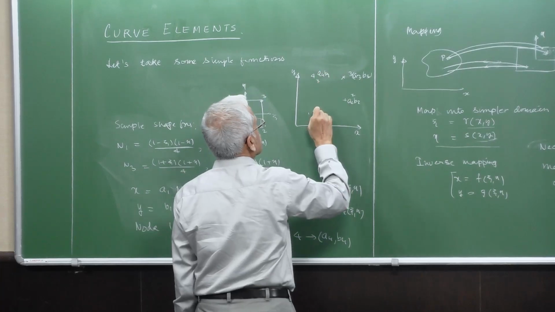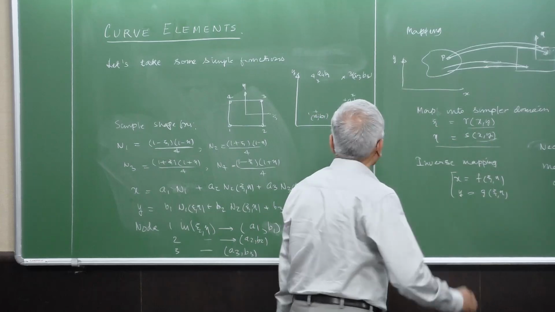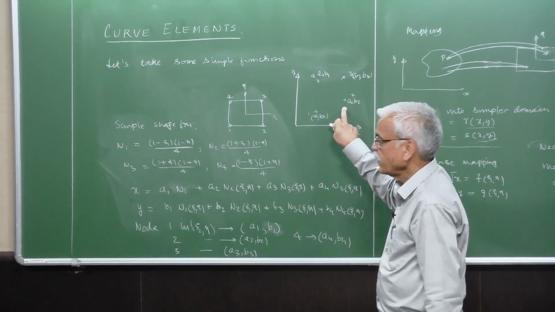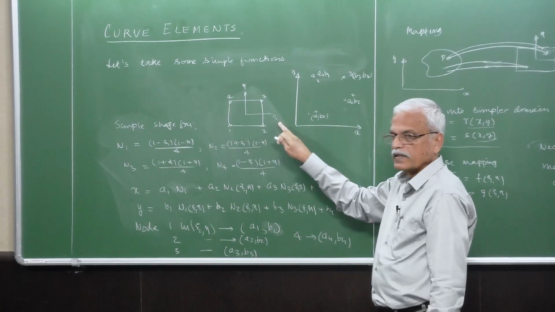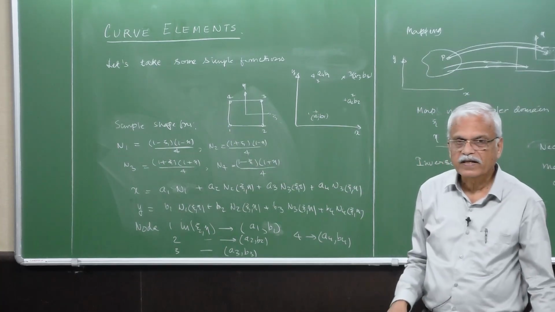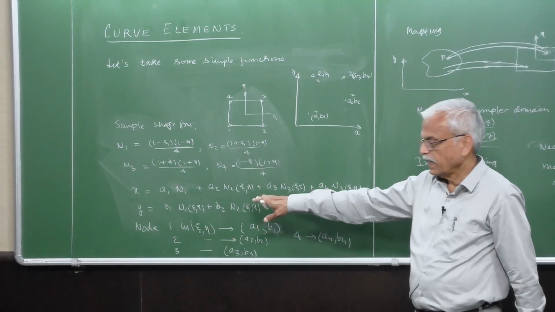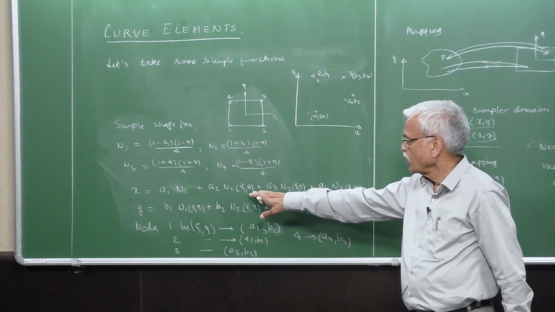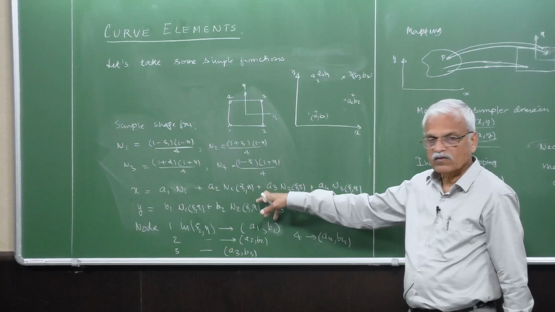So this is very interesting. And also you can see that as xi and eta change, for example, along 1, 2 here, eta is constant and xi goes from -1 to +1. So if you put eta equal to -1 and xi going from -1 to +1, eta is constant, right?